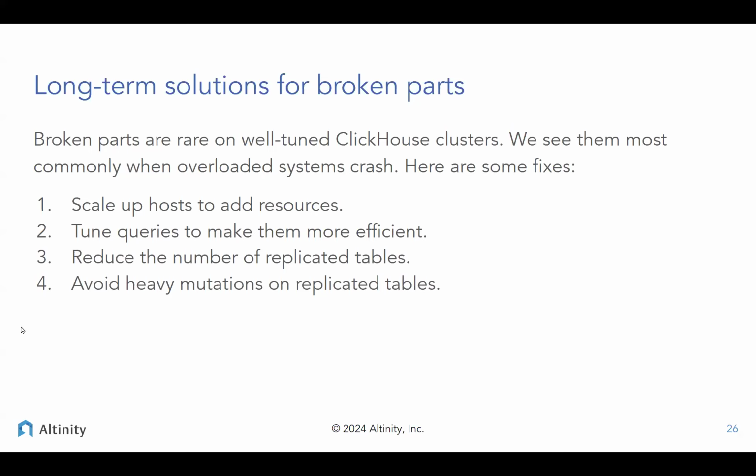So if you're seeing this problem, particularly if it recurs, here are some things you should really look at. First, scale up your hosts, because one of the ways that you can get detached parts is that ClickHouse is crashing in the middle of operations, in which case you can get partially written data in a part, and other kinds of problems.